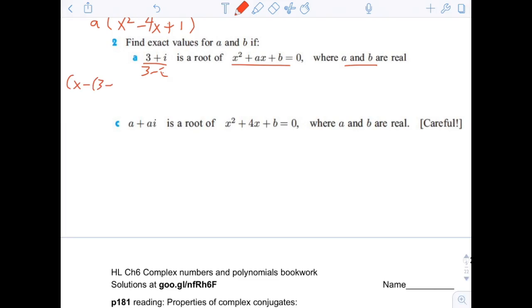So if we know that one of them is 3 plus i and the other one is 3 minus i, we could do one of two things. One is we could expand this, and then we would find this. The other way we could do it is we could use the formula we saw above.